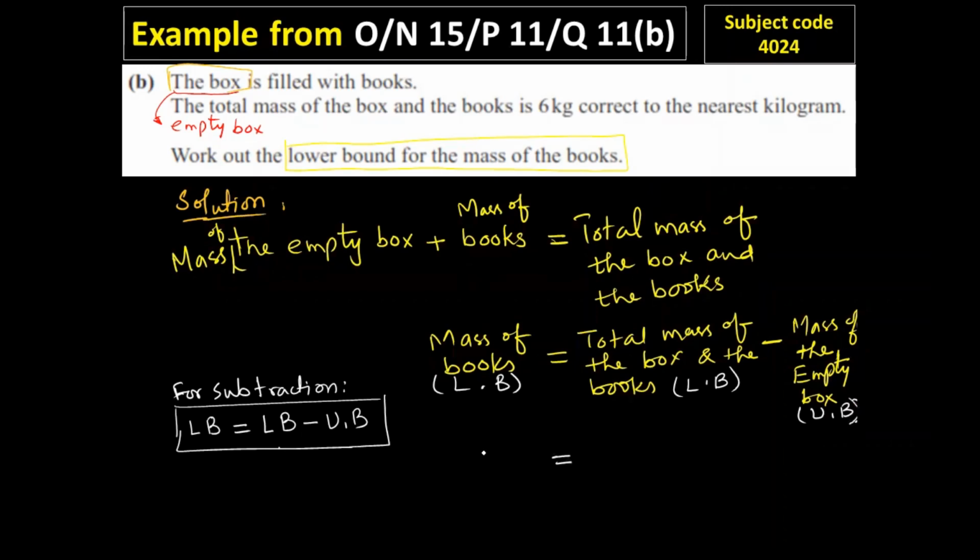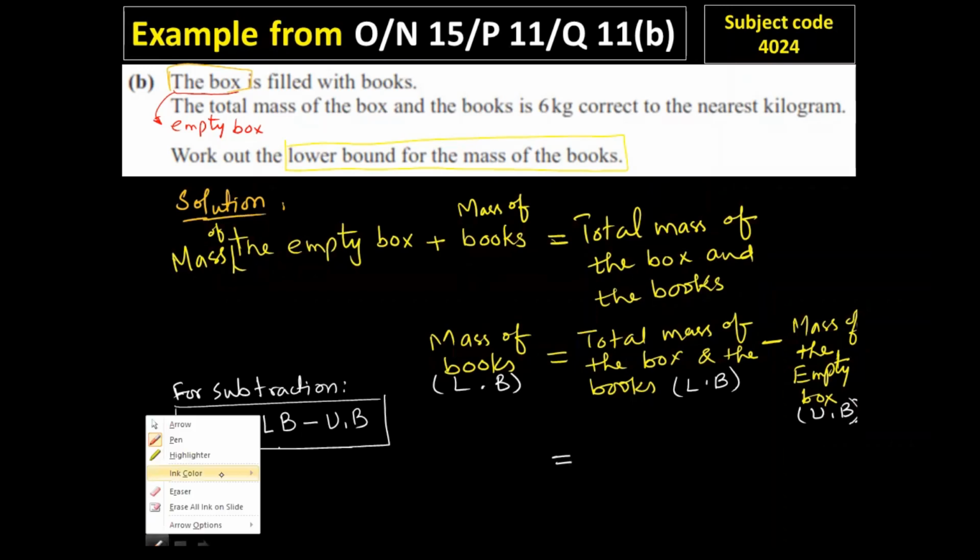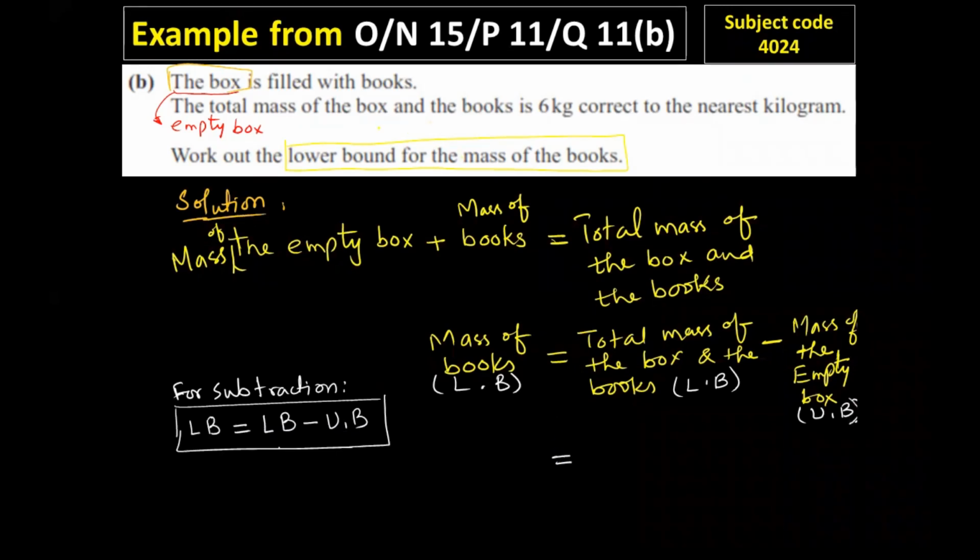Now for the lower bound for the mass of the books, and the total mass of the box and the books, look into the question. The actual value is 6 kilogram here. And correct to the nearest kilogram is the key for error.